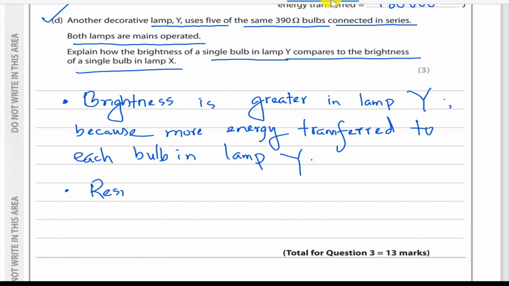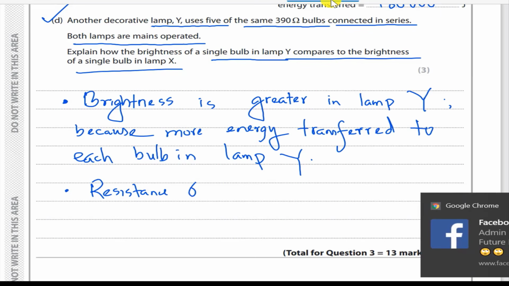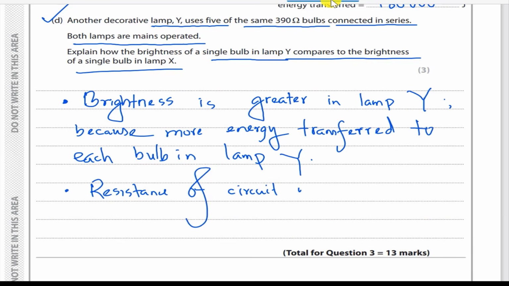Resistance of circuit in lamp Y is less.